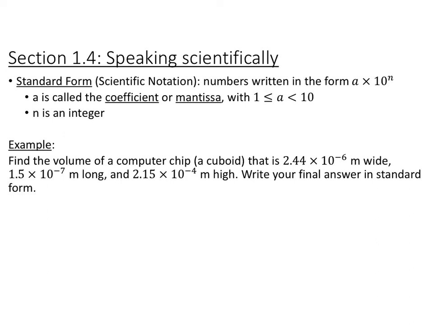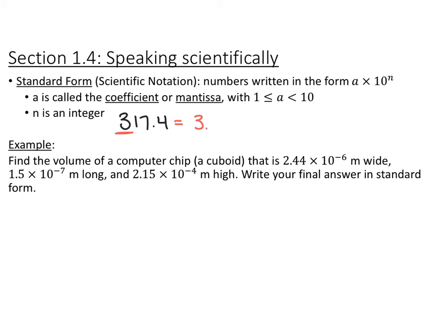So for example, if I wanted to write the number 317.4 in scientific notation, I've always used just the first digit. That's going to be the only thing that's on this side of the decimal place, and then everything else is on the other side of the decimal place.